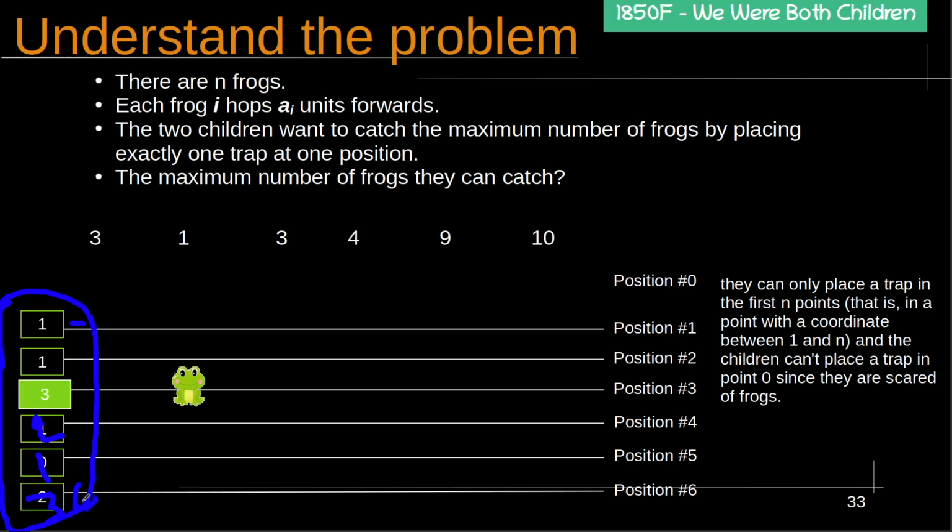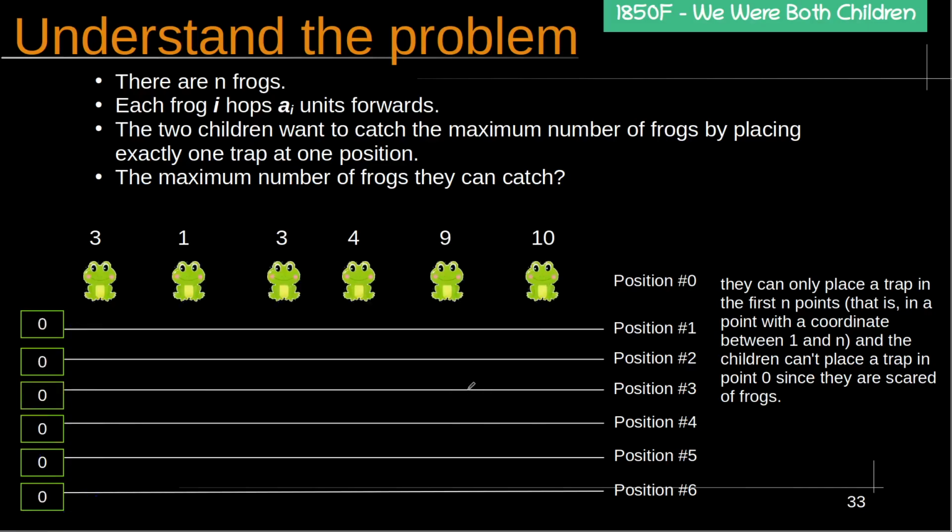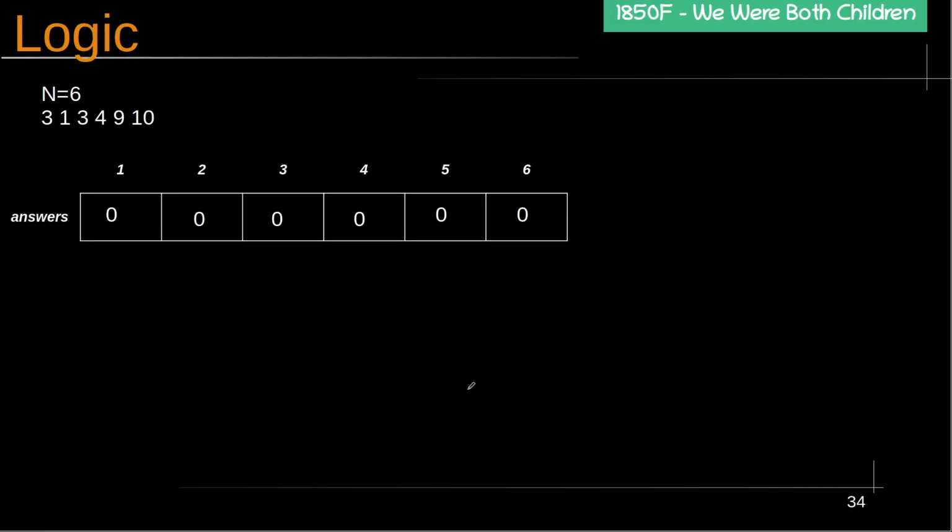For 0, we have 0. And the logic of this now, we will declare an array of answers of length 6, we can say here, but as you know, most programming languages start the index at 0, so it will be 0 here.